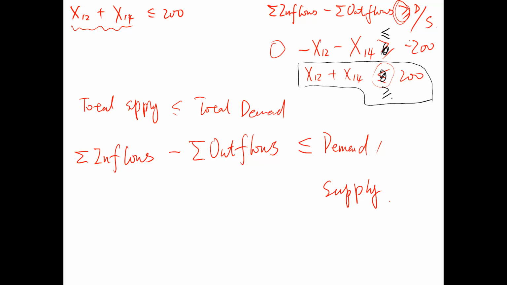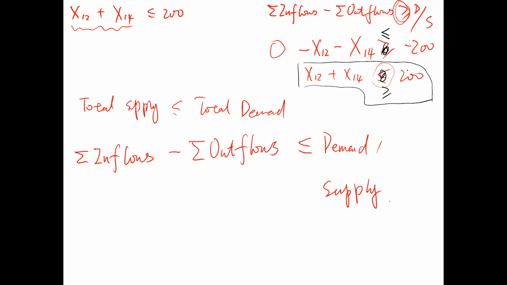When we change the supply and demand relationship, we change the sign of the supply nodes. We're saying, if we don't have enough, let's just send out what we have. Here it could be equal to, but to be consistent with the other constraints, we set it to be greater than or equal to, but we know that no more than 200 will be sent out.